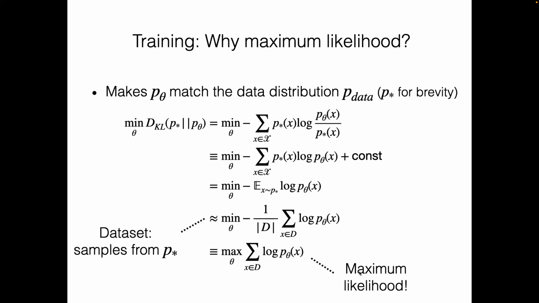And actually, this is maximum likelihood, which was on the previous slide. So it's a cool argument here. It's basically saying that doing this maximum likelihood is equivalent to doing this distribution fitting, so finding a model that actually matches the data distribution.